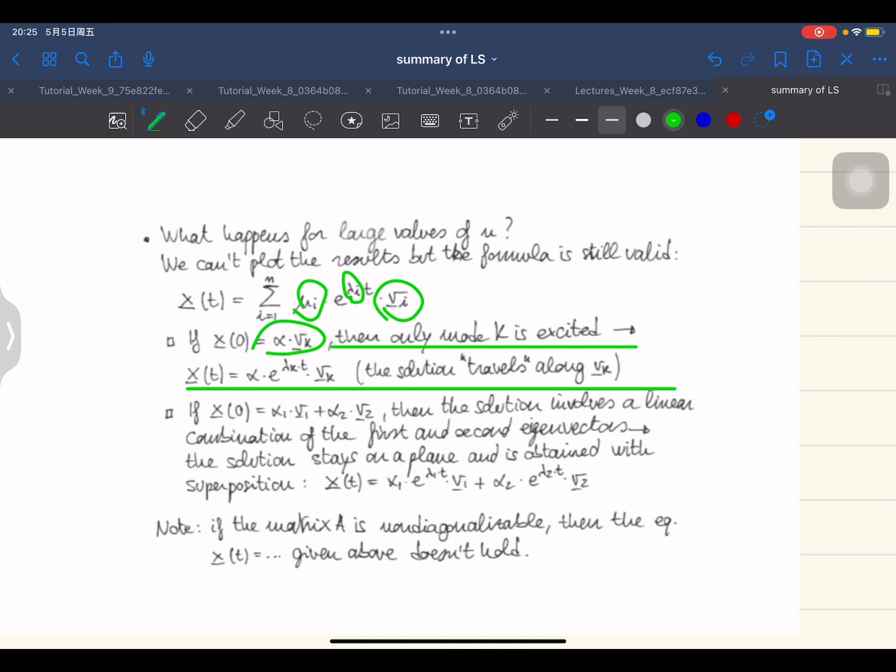If S0 is equal to alpha 1 times v1 plus alpha 2 times v2, then the solution involves a linear combination of the first and second eigenvector. The solution stays on the plane and is obtained with superposition. s(t) will equal these things, if you only have 2, right? Now note, if the matrix A is non-diagonalizable, then the equation s(t) given above doesn't hold.